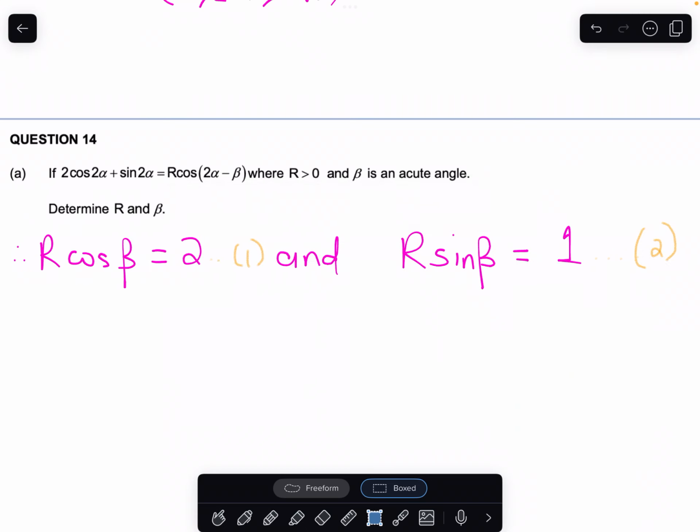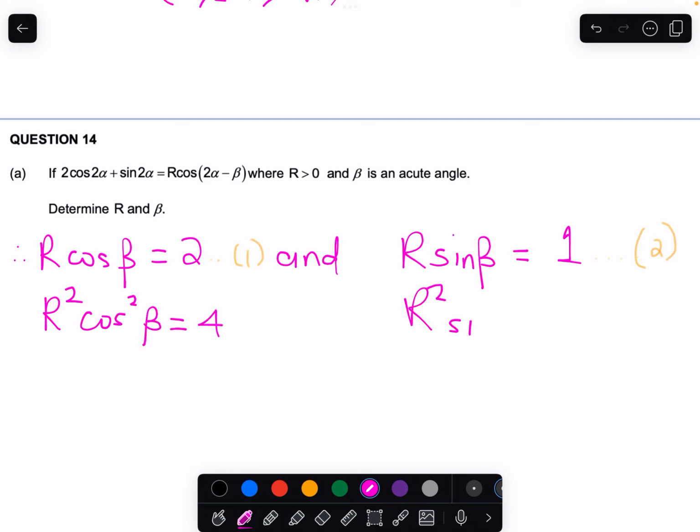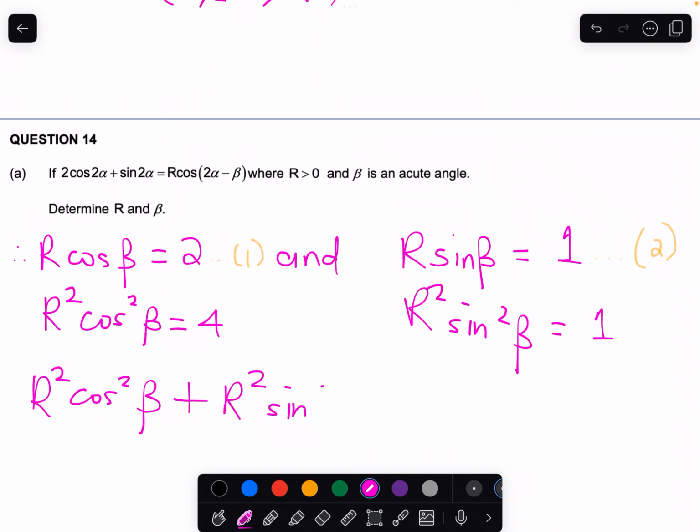Okay, so then they square, so r squared cos squared beta is equal to 4, and r squared sine squared beta is equal to 1 squared, right, which is 1. And then they add them together, so r squared cos squared beta plus r squared sine squared beta will then be equal to 4 plus 1.